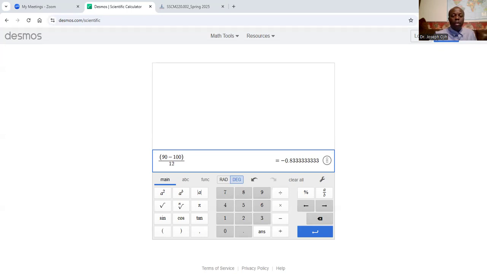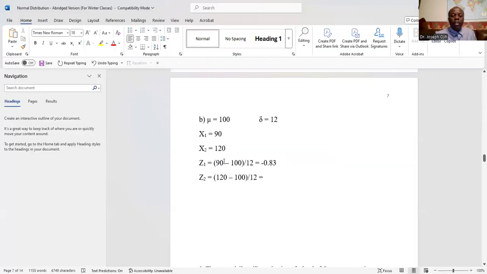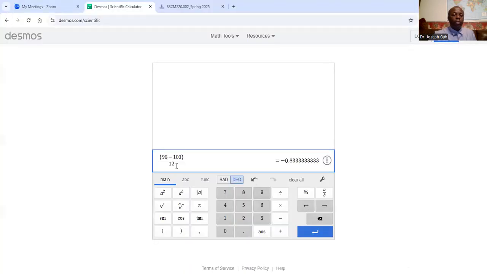So you have our Z1, which is 90 minus 100 divided by 12. This is negative 0.83. And Z2 now is 120 minus 100 divided by 12. I just go down and put 120 minus 100 divided by 12.